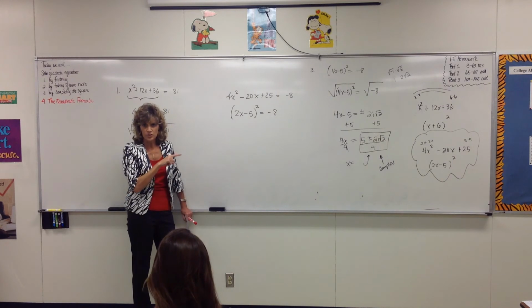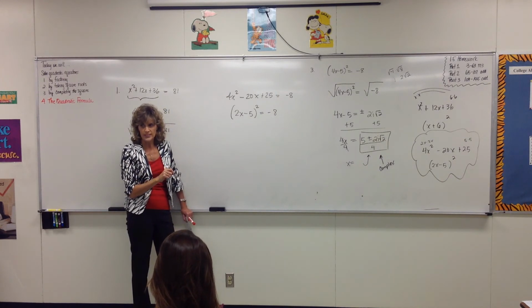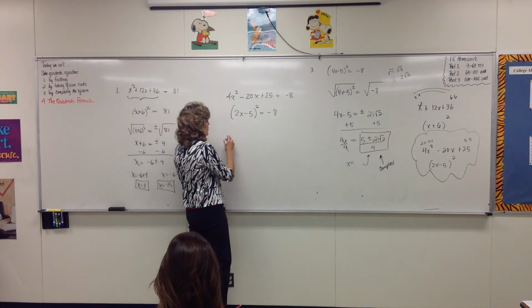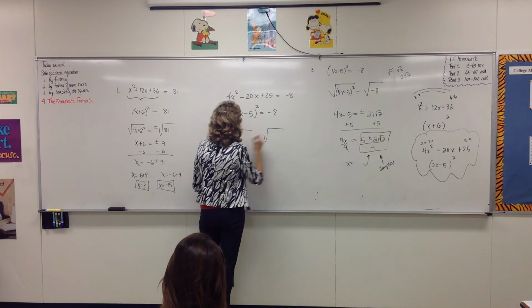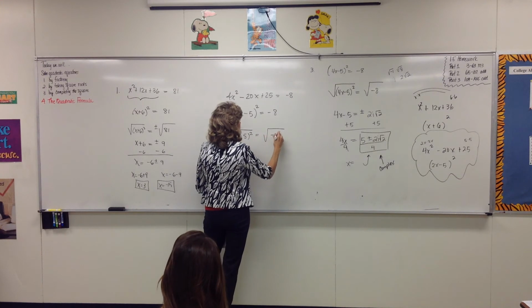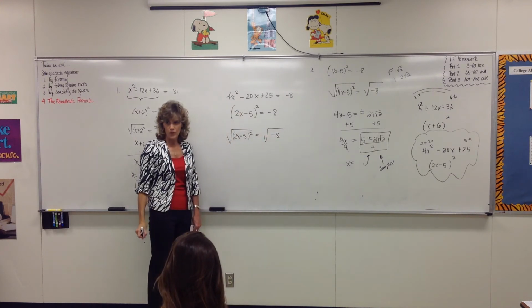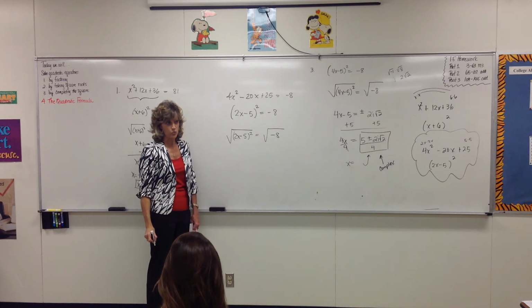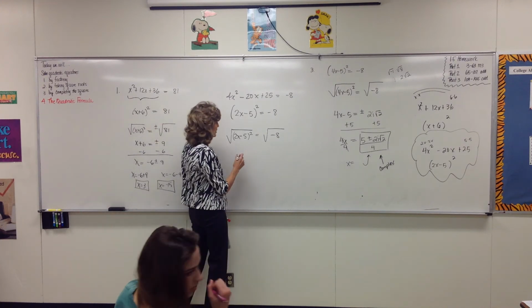Anytime you have something squared all by itself on one side, you can take the square root of both sides. But this time, what kind of a solution is it going to be when we have the square root of negative 8? Imaginary. It's going to be imaginary complex.